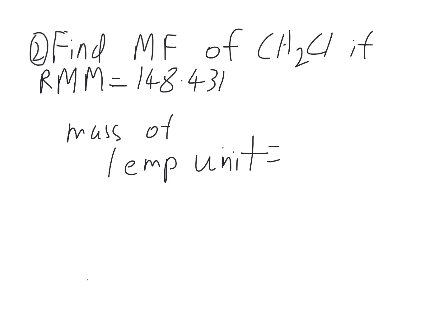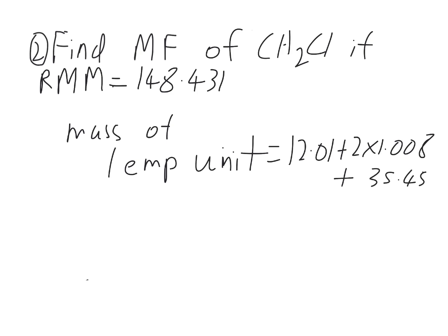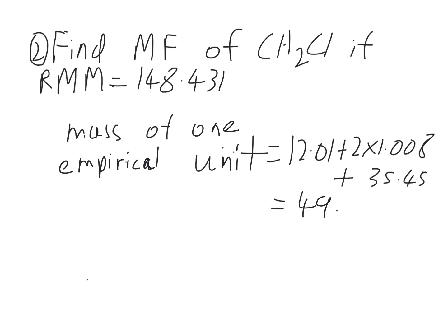To do that, you add the carbon, the hydrogen, and the chlorine. So 12.01 for 1 carbon, plus 2 times 1.008, plus 35.45. This should give you 49.476.